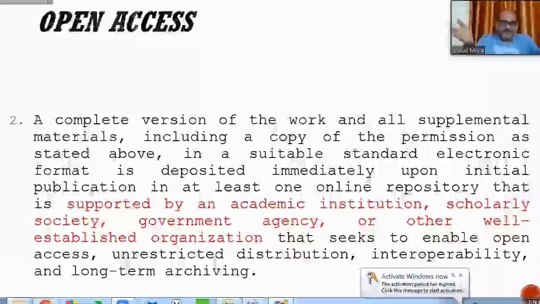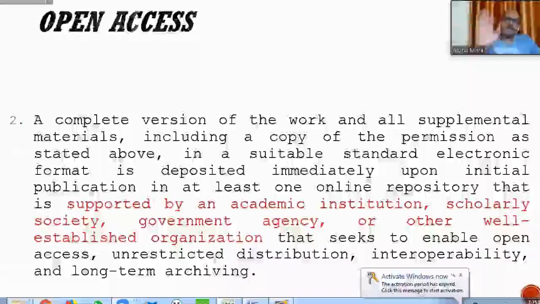Otherwise, like WhatsApp University, as we call it, any kind of thing comes, there is no control, people believe it, and rumors are created. So open access is okay, but the things must have substance, and that substance can be decided if they are controlled by some means. So the open access channel must be through some academic institution, scholarly society, government agency, or other established organization.